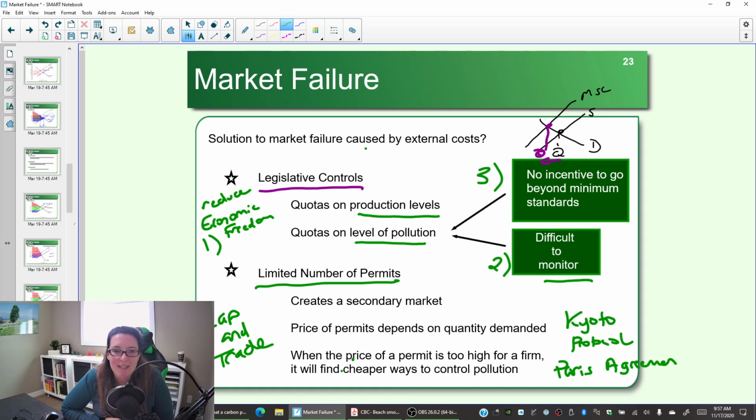And the reason that they like the idea of cap and trade is because we don't have to have as much government involvement, because we're leaving it to the markets. There's a secondary market. So let's look at how the secondary market works. There's also a great video that I have linked to this video, or you'll find in Blackboard, that explains how cap and trade works. Really great video that someone else created.